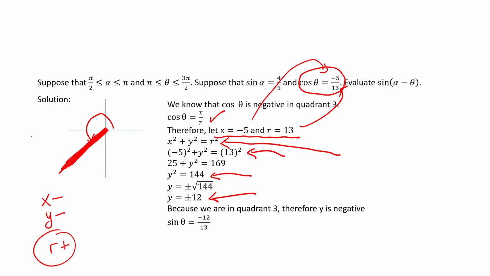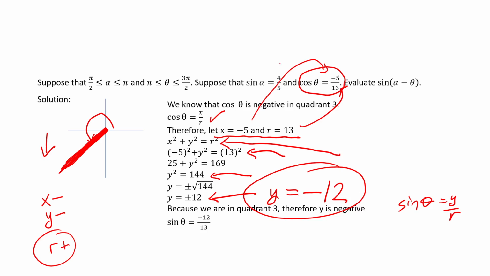We know that when you're in quadrant 3, the y coordinate's got to be negative. So y must be negative 12. And since sine theta is always y over r, and since y is negative 12 and r is 13, that means sine theta must be negative 12 over 13.